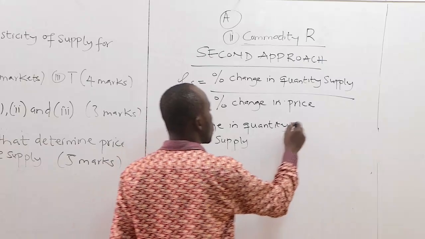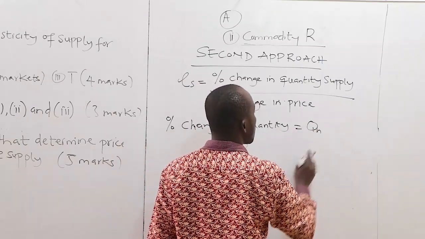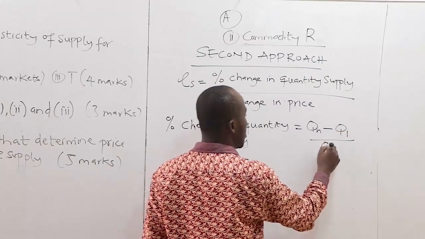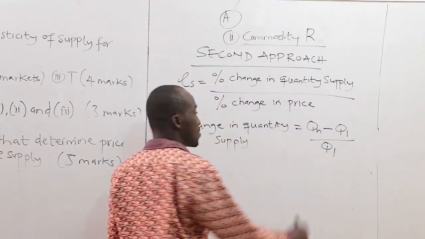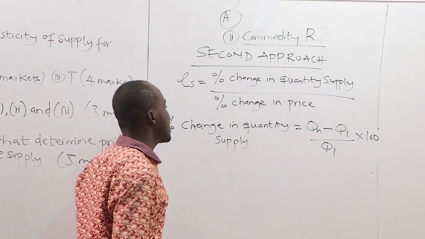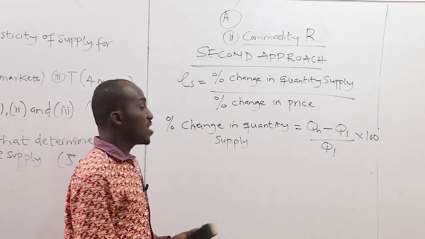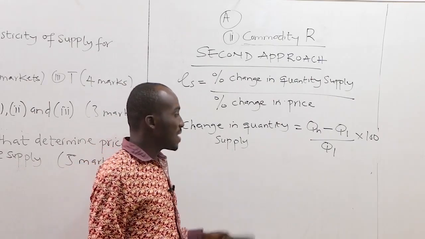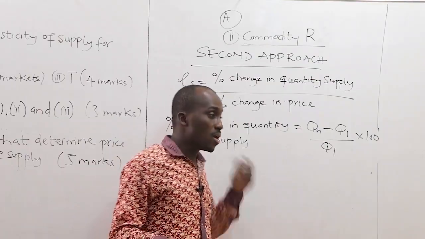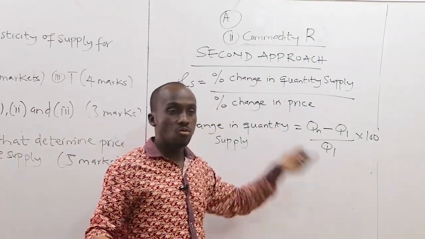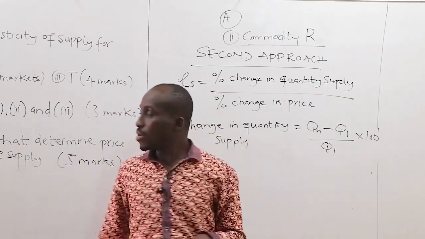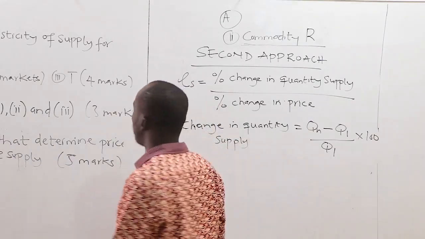The percentage change in quantity supply will be equal to the new quantity minus the initial quantity, divided by the initial quantity, times 100. That's how you do it in mathematics. If you want to find the change, you take the new one minus the old one, divided by initial, times 100. From the diagram, what was our new quantity?